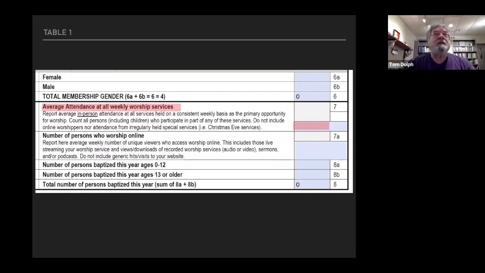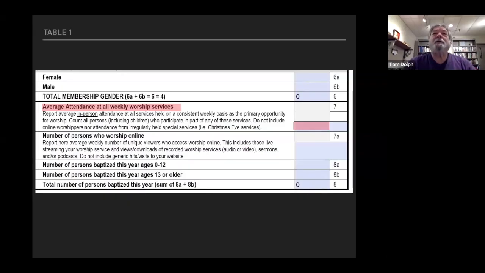Now, it does not necessarily have to be the ones at your sanctuary. For example, if you do a worship service at a nursing home every week, you can count that in your average. If this is one member going out and playing tambourine and singing a couple of songs and saying a prayer, that may not quite count.